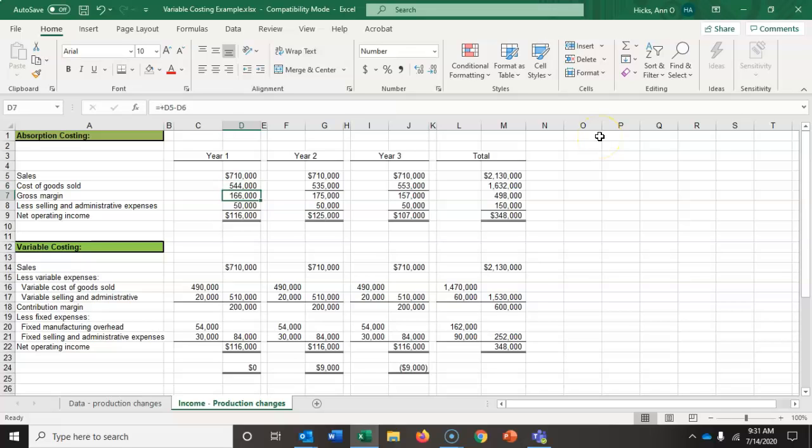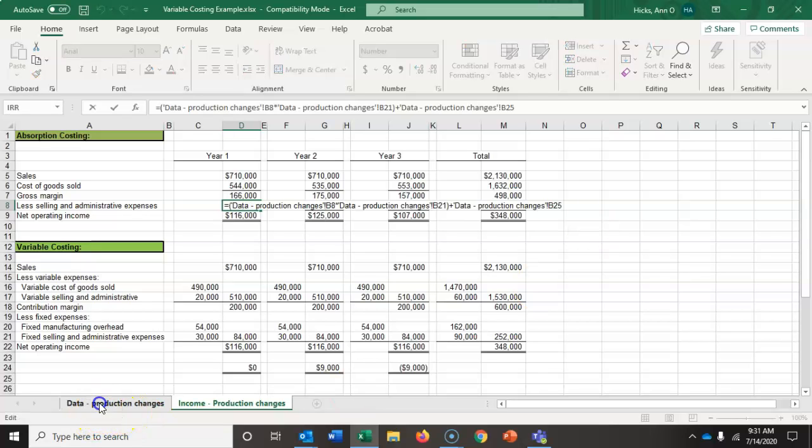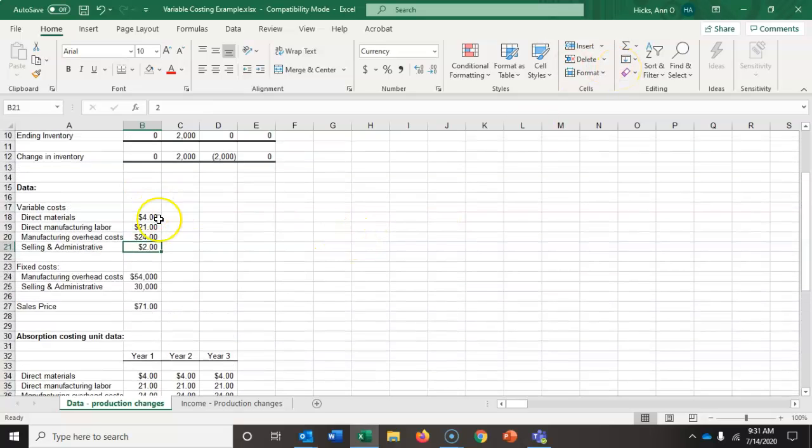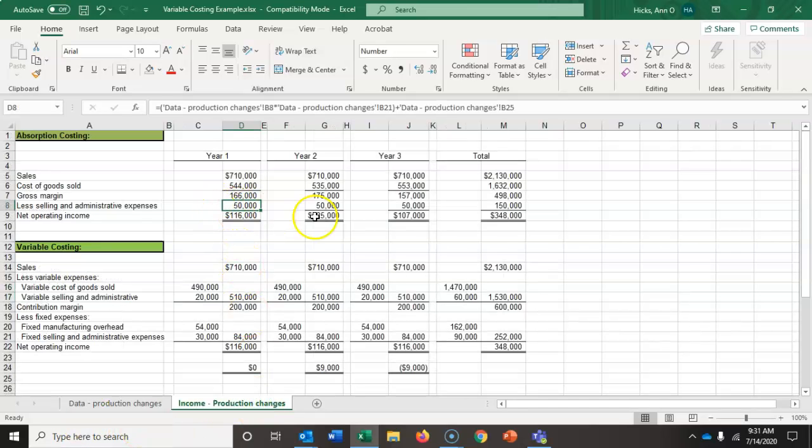Gross margin is just the difference between sales and cost of goods sold. Selling expenses, the period expenses, are the $2 per unit for variable times the 10,000 units sold plus the 30,000 in fixed costs, or $50,000. And that leaves us with net operating income of $116,000.